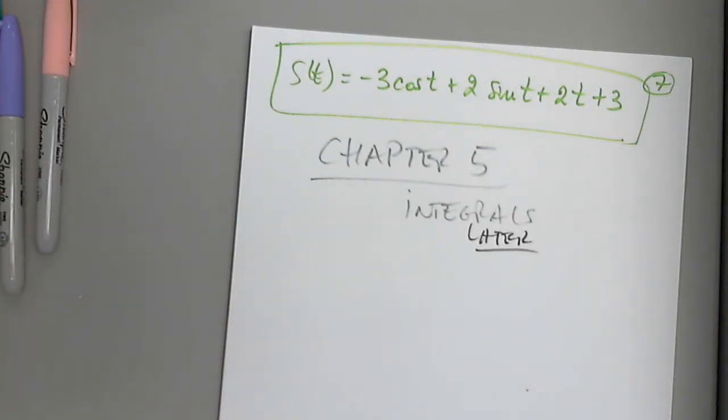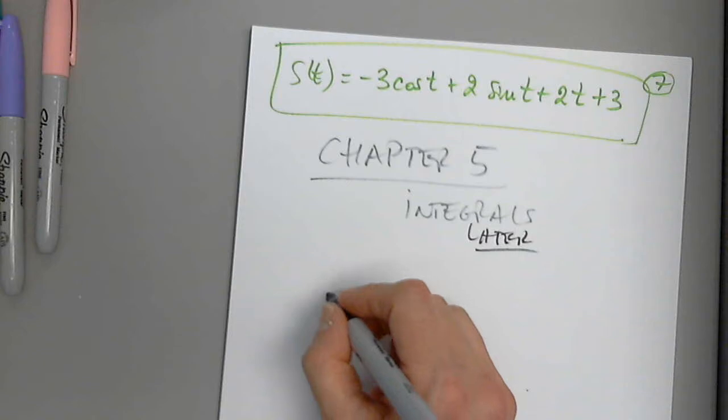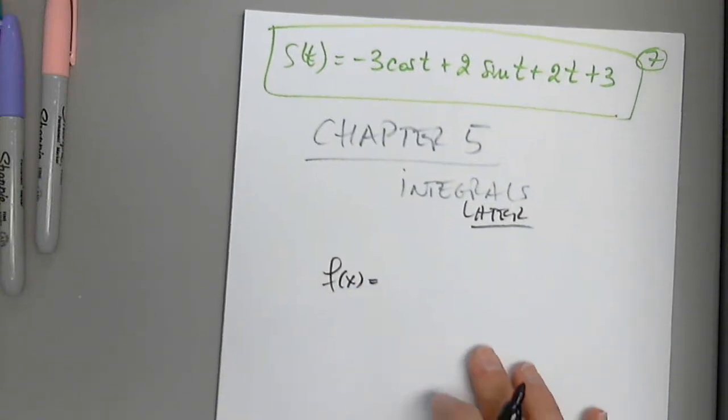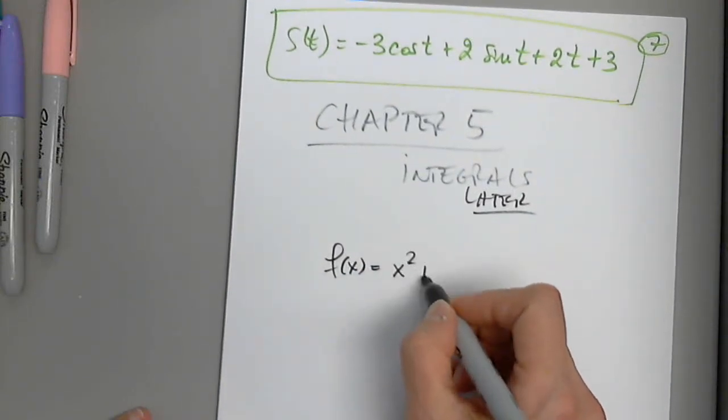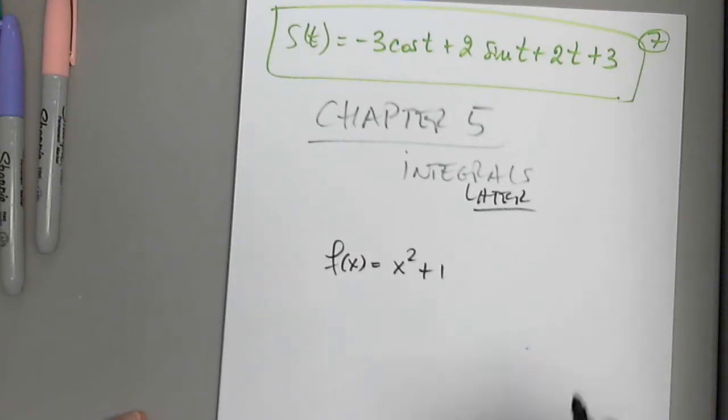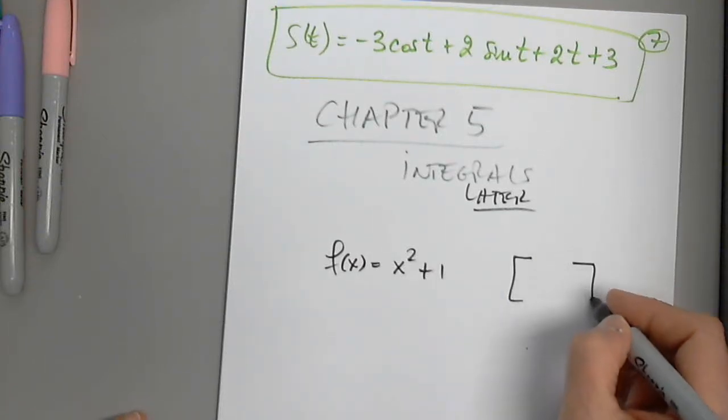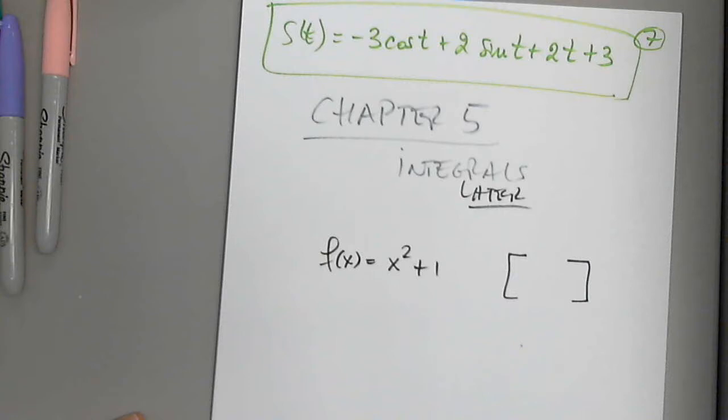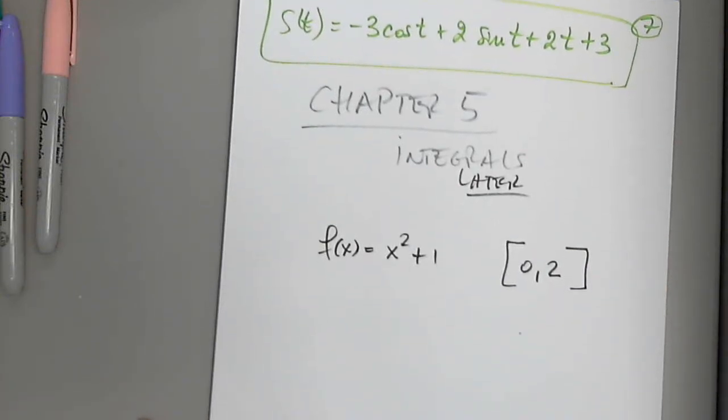So here it is. Let's suppose I have a very simple function, let's say x squared plus 1. And I'm going to choose a very user-friendly interval, let's say 0 to 2. And here's our question.